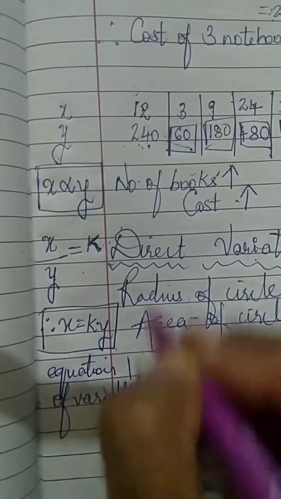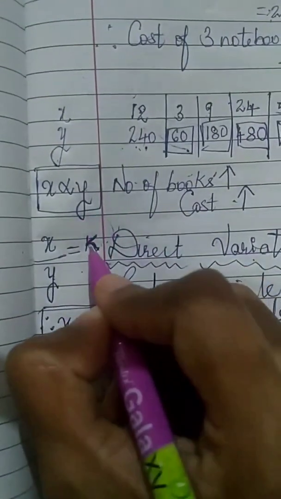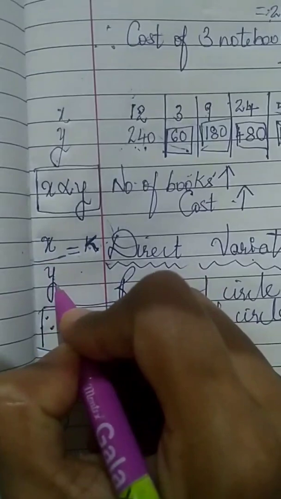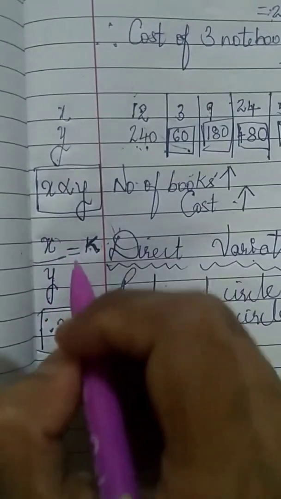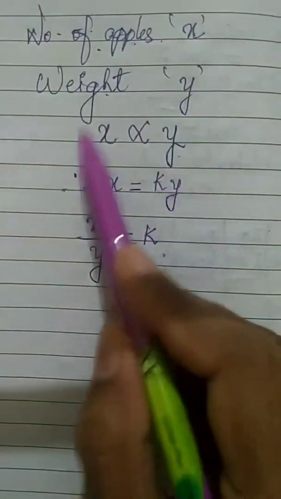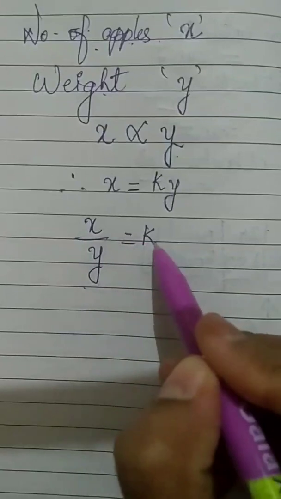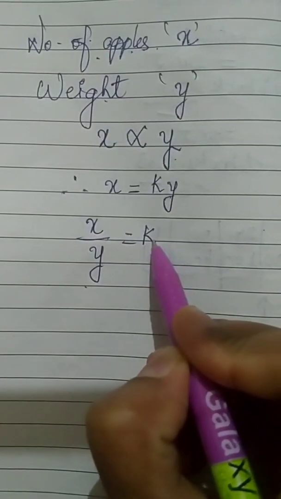And what is the constant? k is the constant. When will you get this constant k? x upon y. You have to divide. So for direct variation, you will divide x by y, and that answer will be a constant.